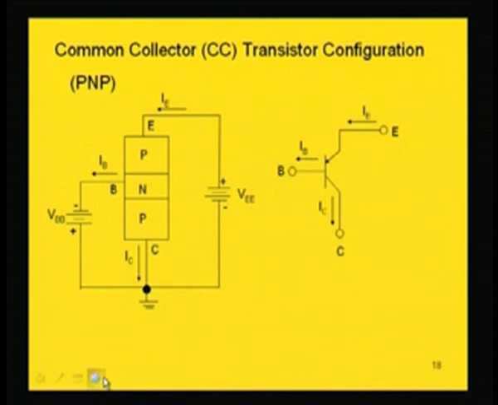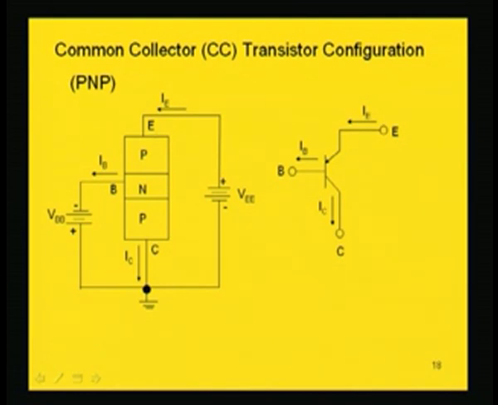So, if we see the common collector transistor configuration utilizing PNP transistor, it is like this. So, your emitter, base, collector is this one, emitter base junction is to be forward biased, collector base junction is to be reverse biased. So, that is done by these VBB and VEE batteries.